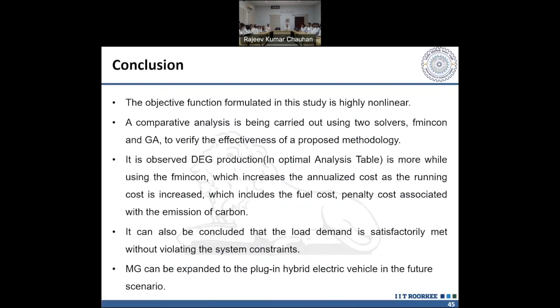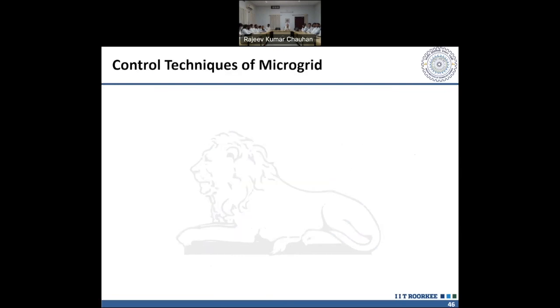So in such studies, first of all we have to form an objective function, then make the analysis, select an algorithm by which you can solve this problem, and set your constraints accordingly.